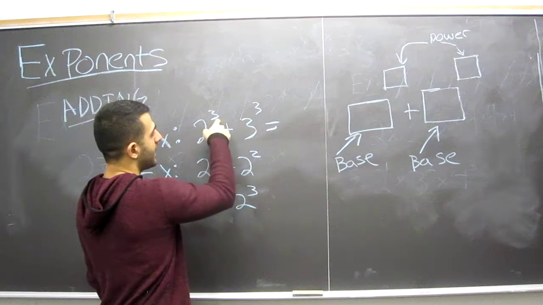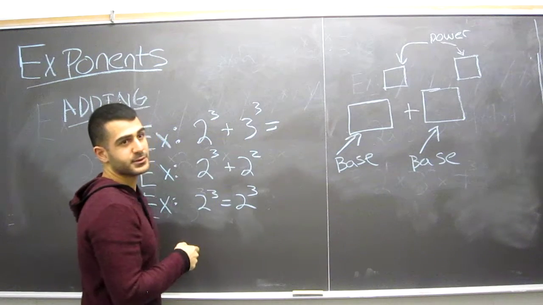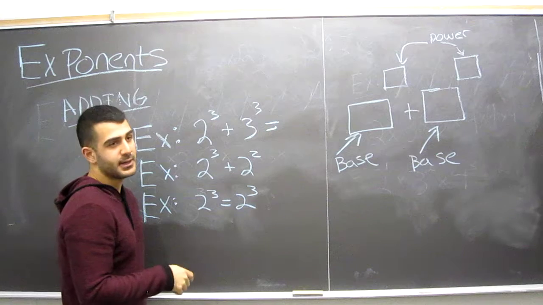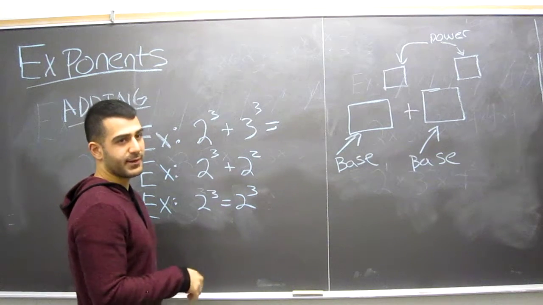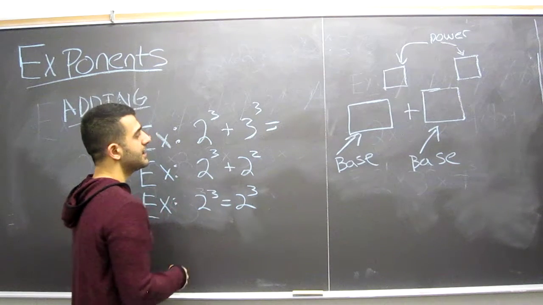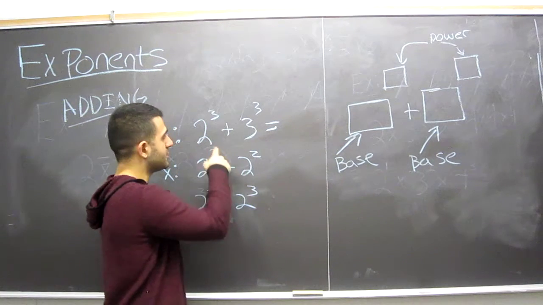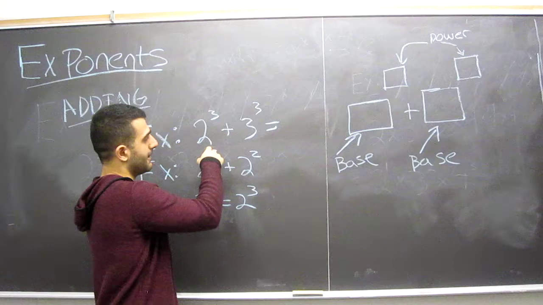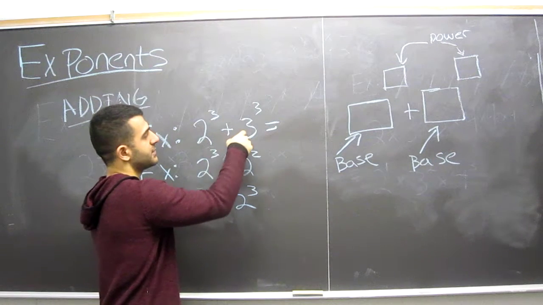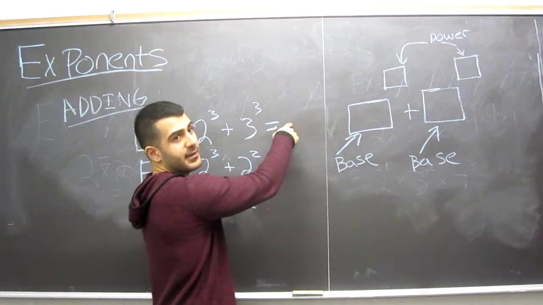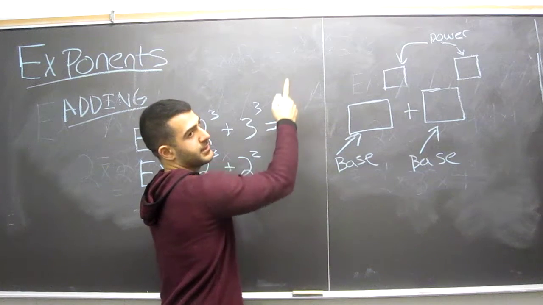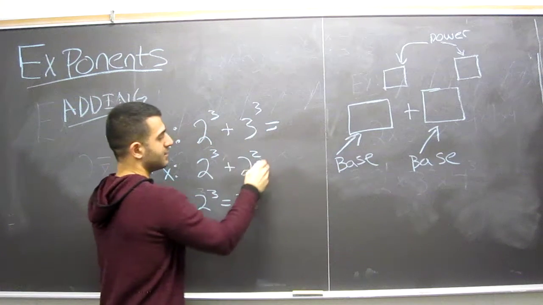There's no way you can simplify these two numbers. You'd have to expand them out and then simplify them, or use a calculator. So in this case, there's no way we could do it. There's no rule that says 2 to the power of 3 plus 3 to the power of 3 is something to the power of 3. So this case, it doesn't work out.